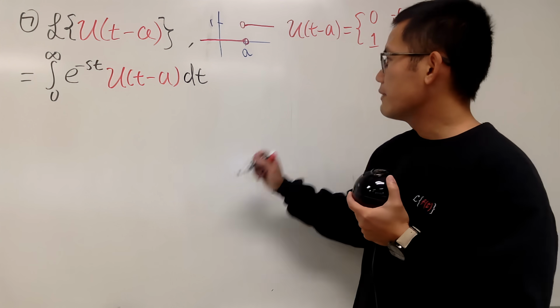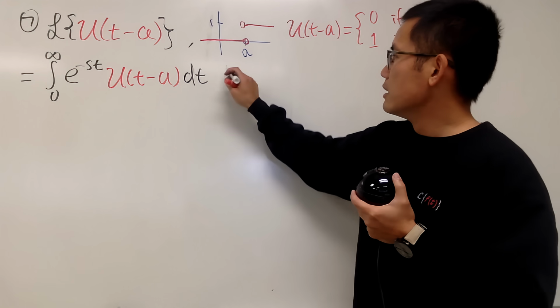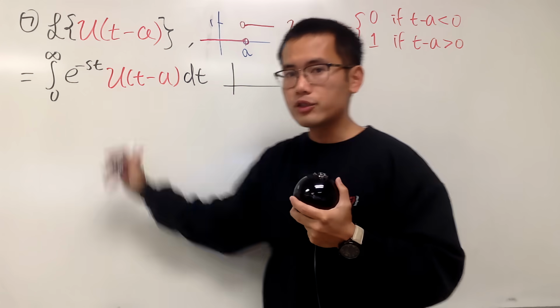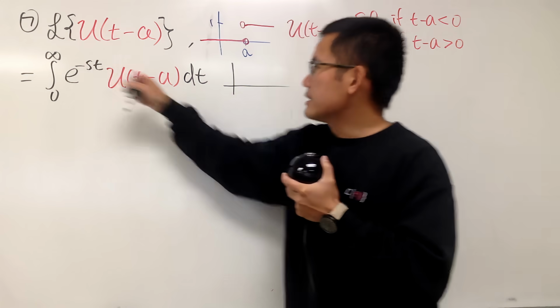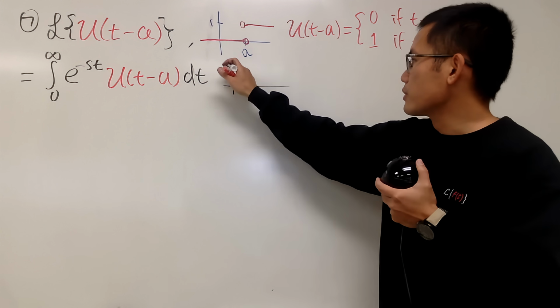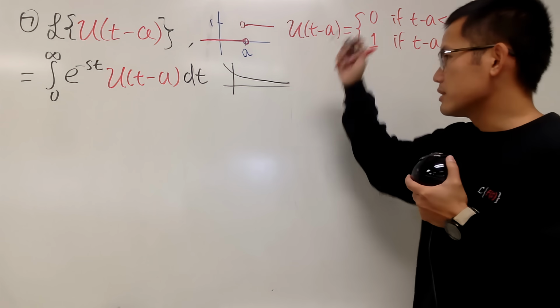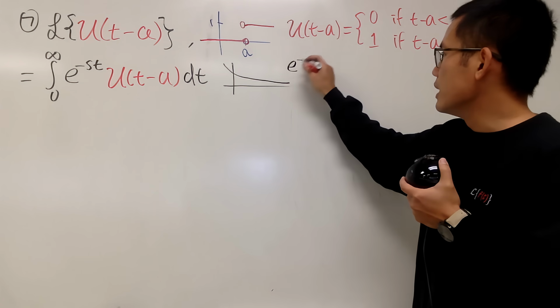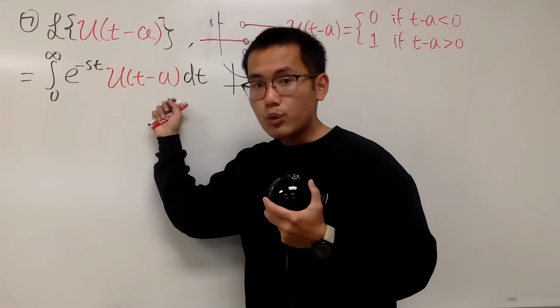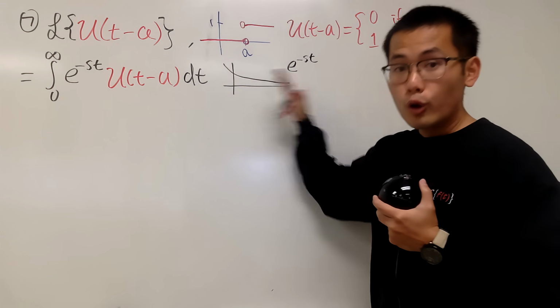Well, have a look. This is what's going to happen when you multiply a function with a unit step function. Let me graph e to the negative st, which is just an exponential decay function like this, assuming s is positive. Originally, we had to integrate from 0 all the way to infinity.